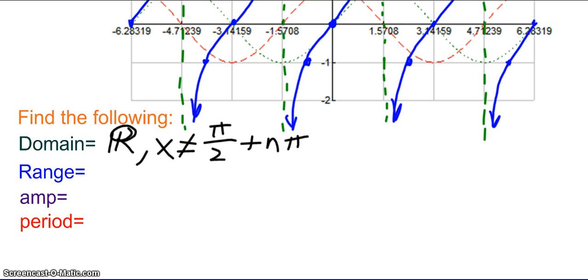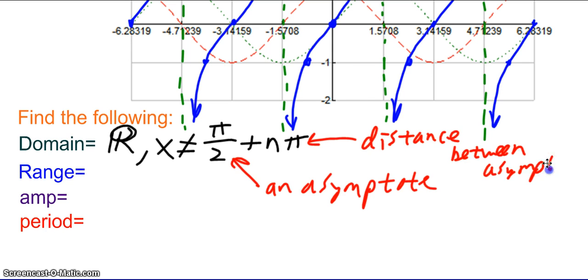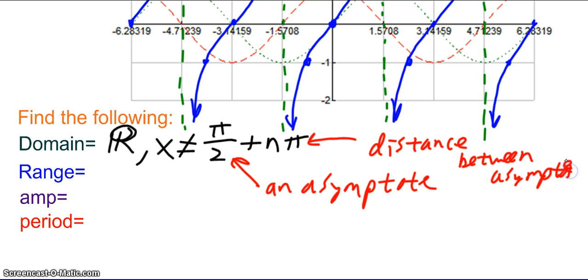So if you're wondering, where am I getting this from? That's an asymptote, and then this is the distance between asymptotes.